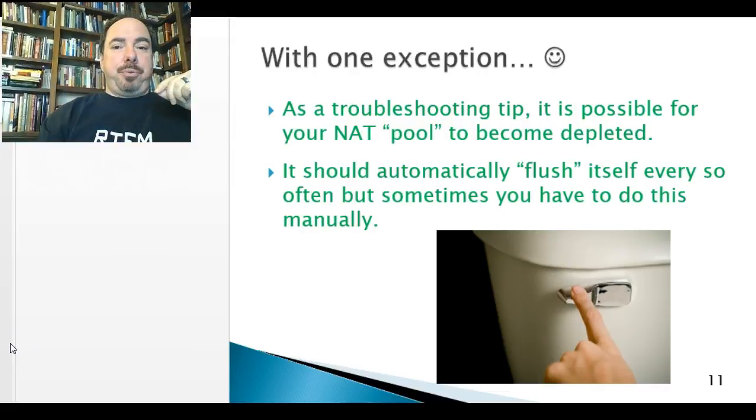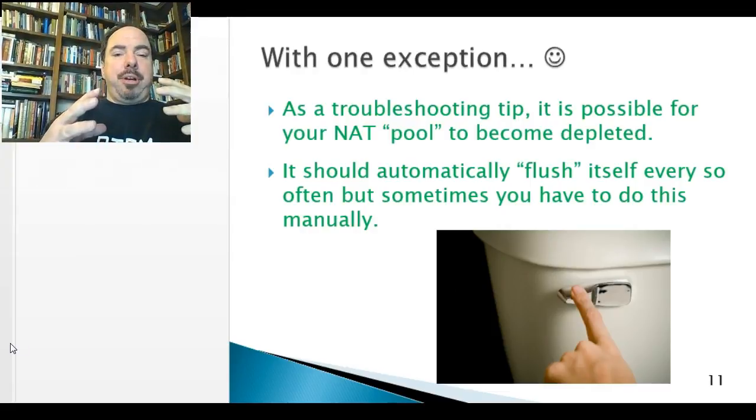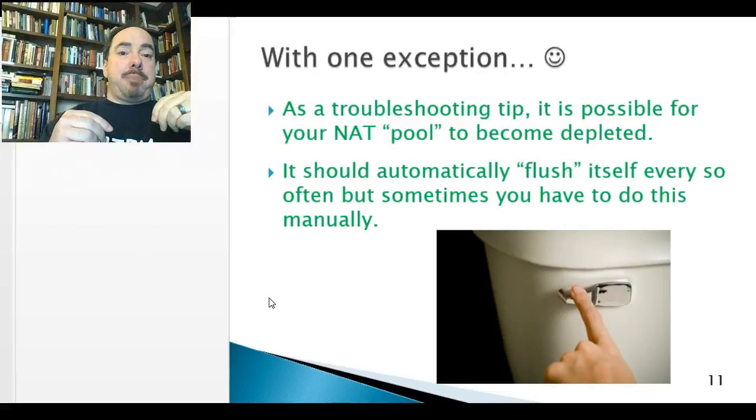I have seen in the real world times where the NAT pool of IP addresses gets used up, and for some reason it won't let go of those connections, and the only way to force it to let go of connections that aren't in use anymore, in order to free those up for new connections, you have to flush it. It's called flushing your NAT pool. That's why I have the flushing picture here. It should do this automatically. Sometimes you have to help it.